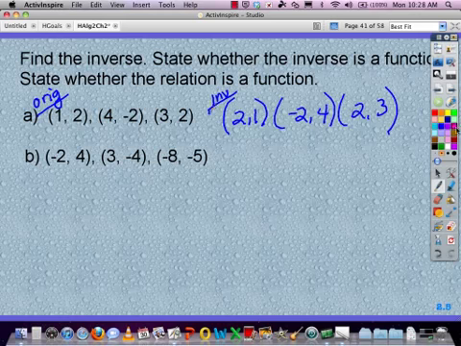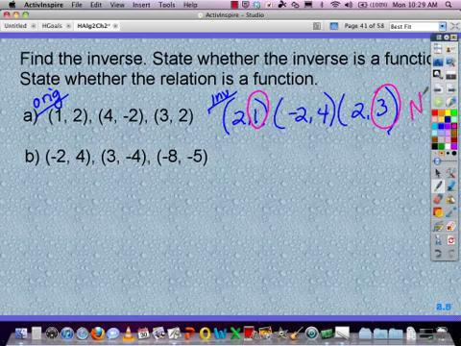It's that 2 is paired with 1 and 2 is paired with 3 combination that should raise a question. That being, is every x value paired with exactly one value of y? In that case, 2 is paired with 1, 2 is paired with 3. It is not a function. So we would say no, it is not a function.